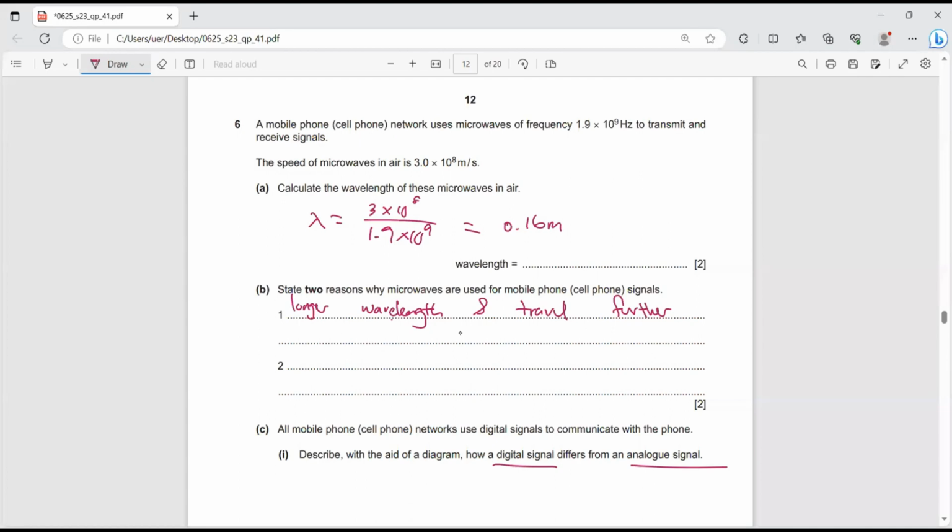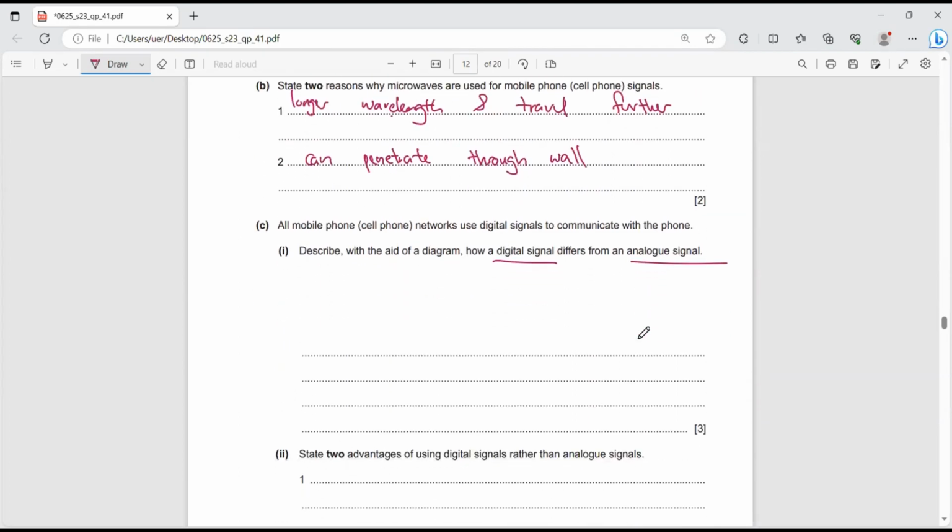Number 2: microwaves can penetrate through walls.